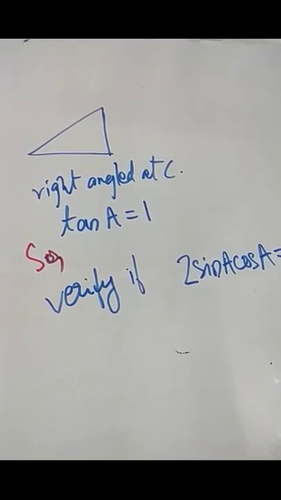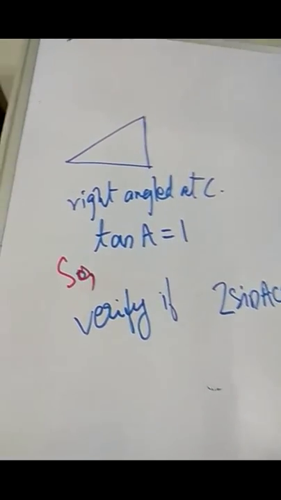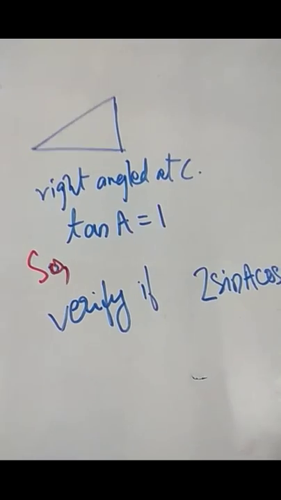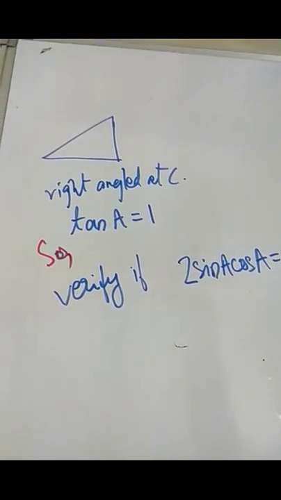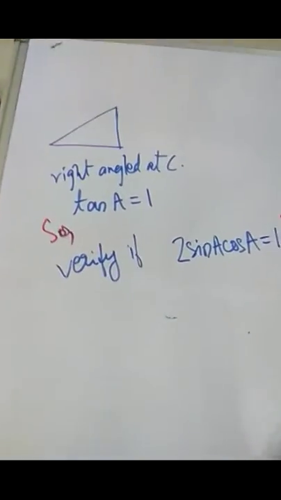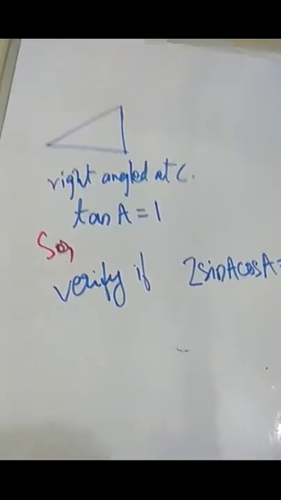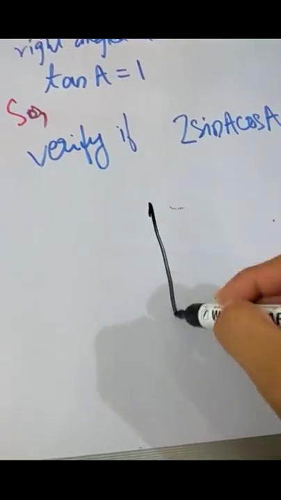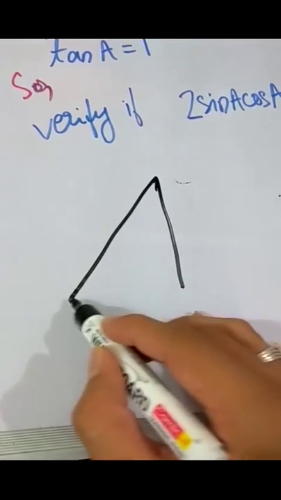it's a little big. So this is a triangle ABC, right angled at C, tan A equals to 1. Verify if 2 sin A cos A equals to 1. It's a very simple question. A triangle ABC, right angled at C. So we make a triangle ABC.